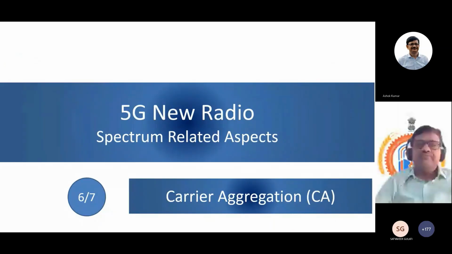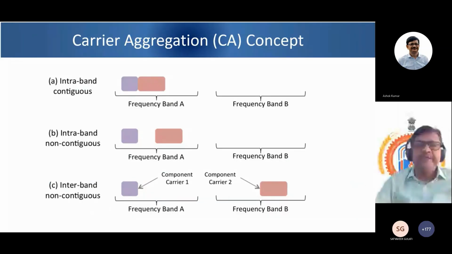Okay, the next concept is carrier aggregation and certain use cases. In my first section, I had explained that in 5G, more than one component carrier can be aggregated, and those component carriers can be intra-band from the same frequency band. I have two component carriers that can be aggregated if they are contiguous.